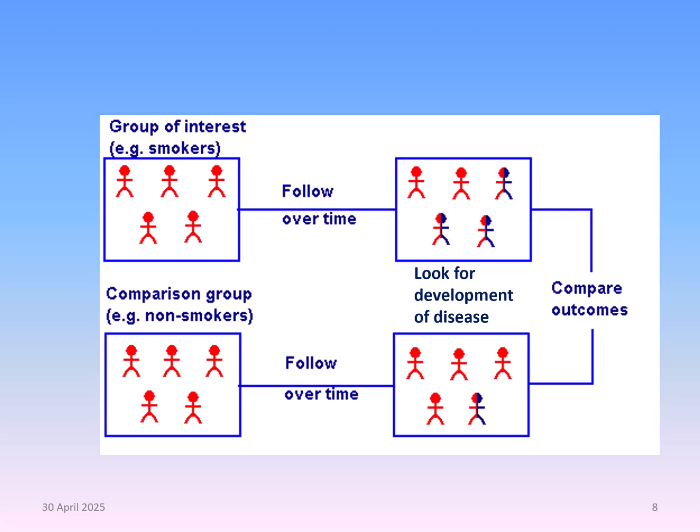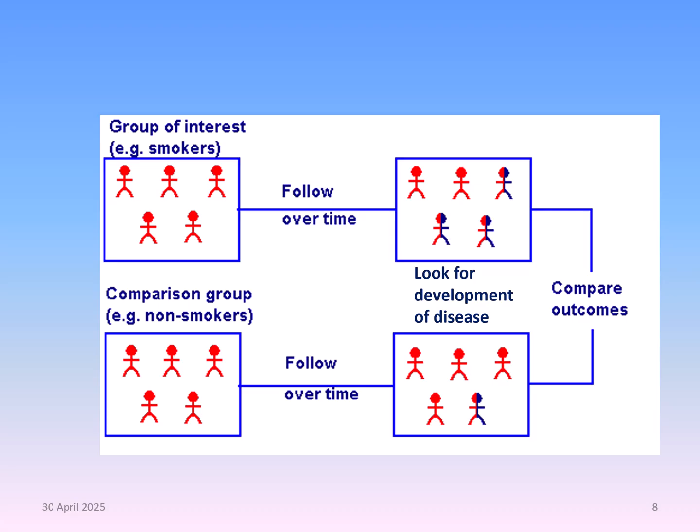This is a framework of a cohort study. Group of interest: smokers, and comparison group, non-smokers. Make sure that both the exposure cohort and control cohort are free from the outcome at the beginning of the study.